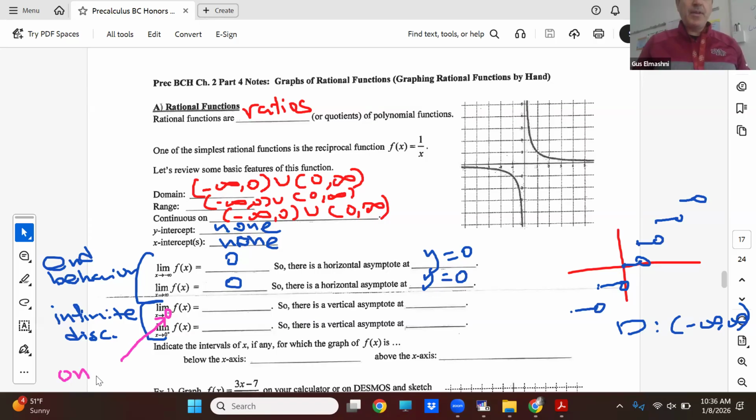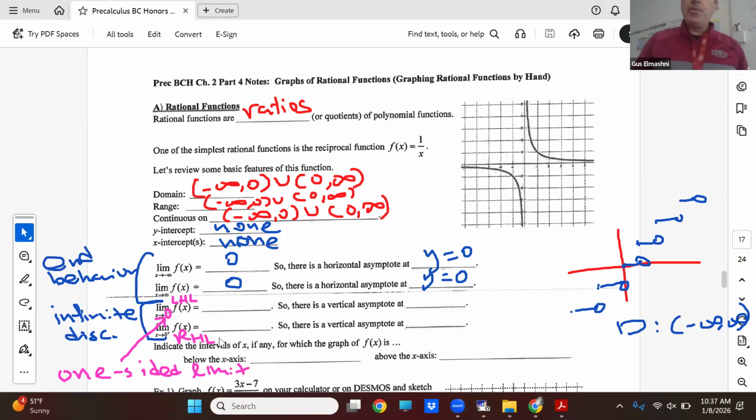We call that a one-sided limit because you're looking at the limit from a certain side of 0, either from the right side or the left side. So I call this one the left-hand limit, and I call this one the right-hand limit. LHL stands for left-hand limit, RHL stands for right-hand limit.